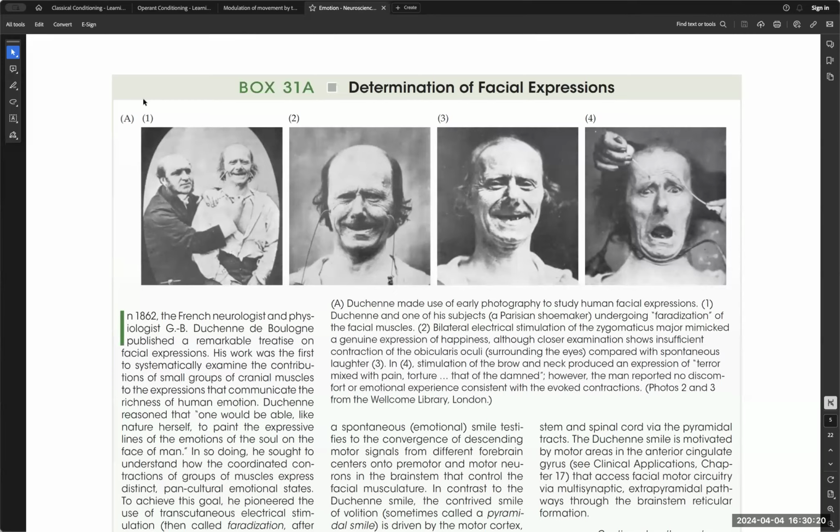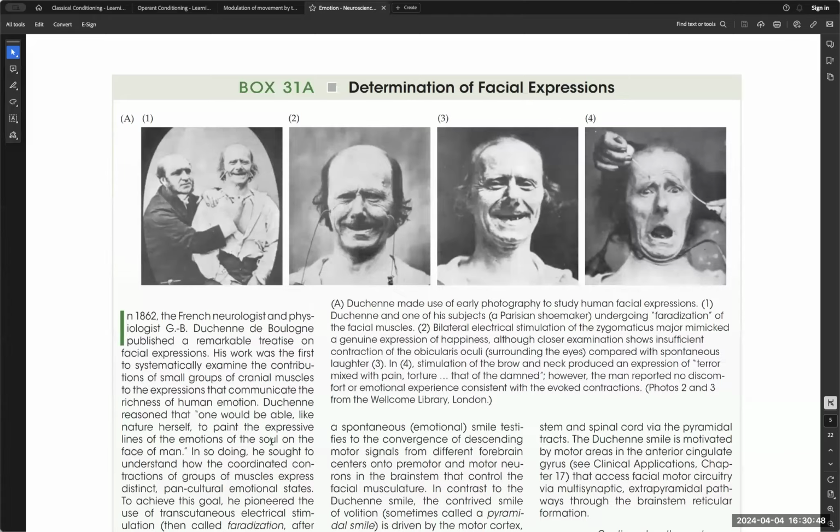He did another set of experiments, and he would excite the face to cause particular facial expressions by Faradization, by putting these electrodes on the face, basically to mimic expressions of particular emotions.